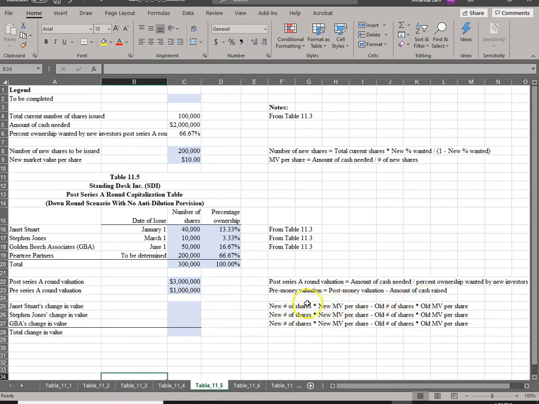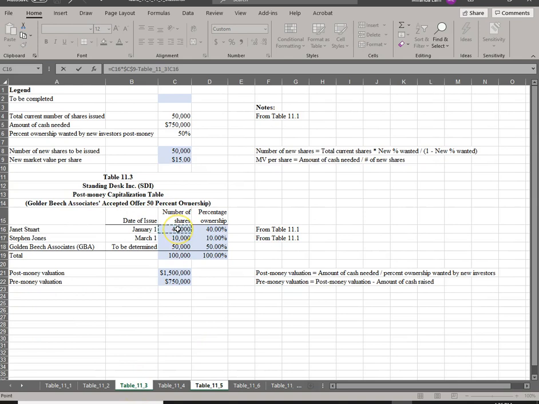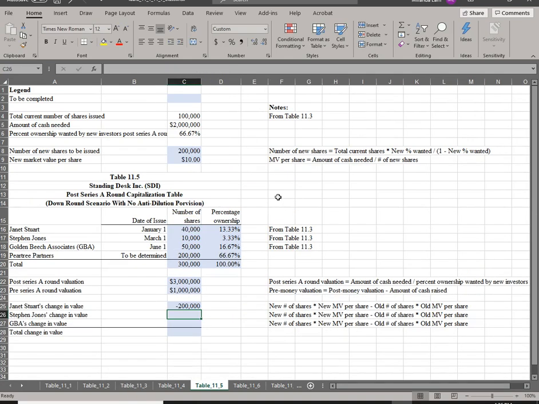So let's see what happened. We'll take the number of new shares, which is 40,000, times market value per share, which is $10, minus, be careful, we're going to table 3 here. In table 3, we also have 40,000 shares, but the market value per share is $15.